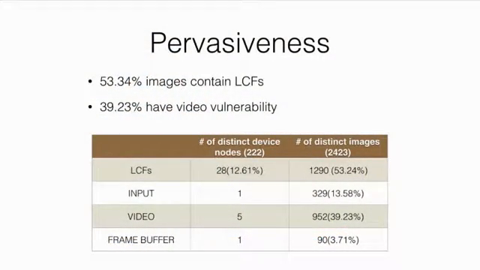We did a wide analysis on all of these 2,500 images, and we found that 53% of these images contain likely customization flaws, and they belong to a variety of phones. 40% have the video vulnerability, which means they can take pictures without any permission. We also discovered other LCFs that might or might not be a problem and need to be studied in detail; there are 28 such issues.